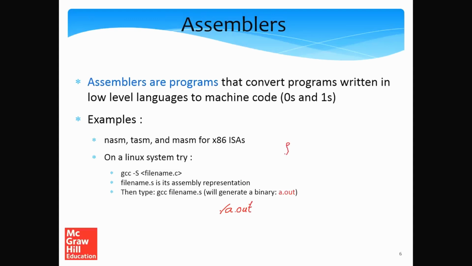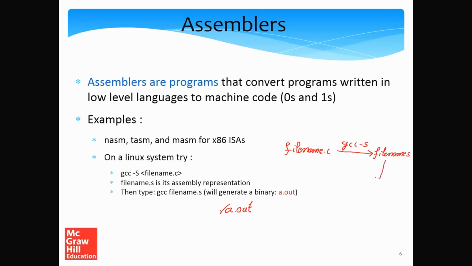So in this case, what we see is that if we have a C program with the name filename.c, a compiler converts it. The compiler command is gcc -S. That converts the C file into an assembly file, filename.s.